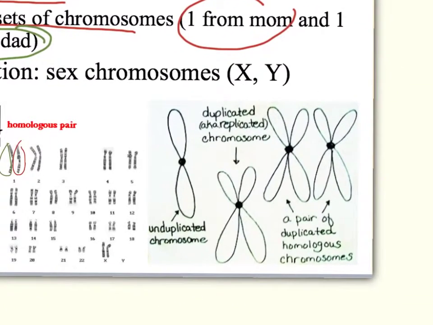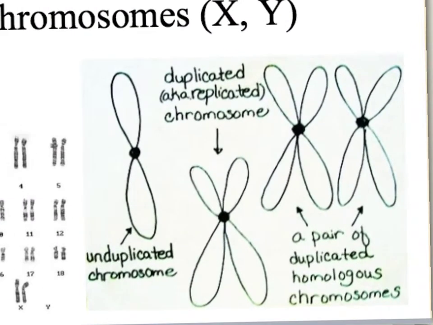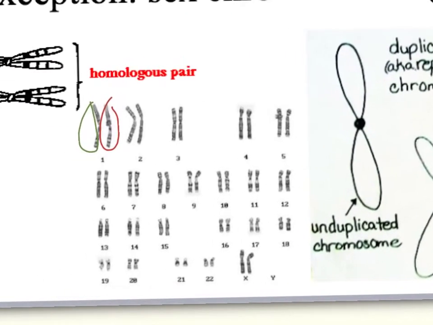Here's another example to show you. Right here in this picture, we have an unduplicated chromosome. Here we have a duplicated or replicated chromosome, made of sister chromatids. And then here we have a pair of sister chromatids that belong to the same thing, so that'd be like having this and this.